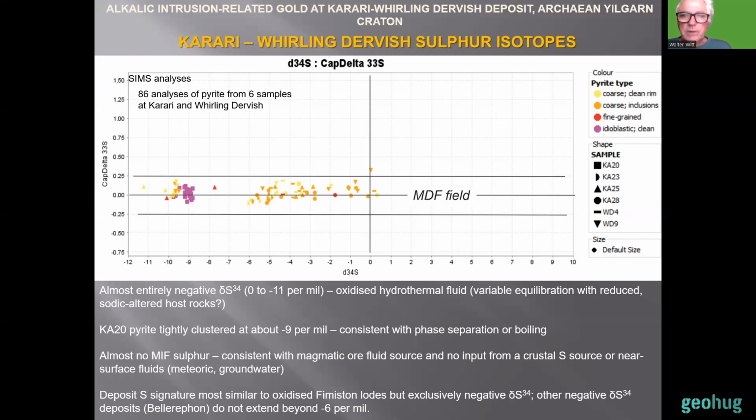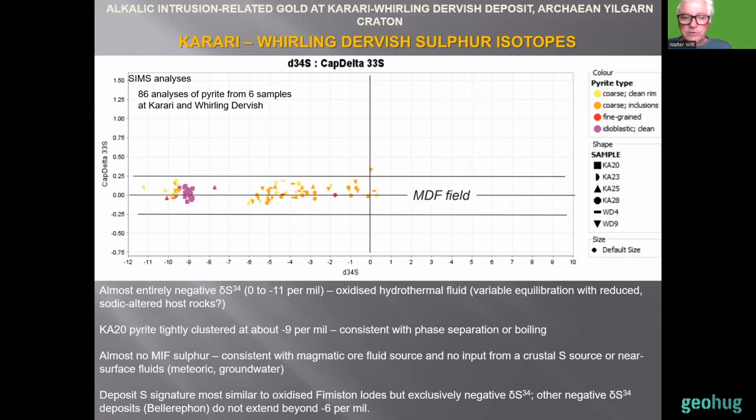But also indicates minimal input from crustal sources of sulfur or near surface fluids. There are other deposits in the eastern goldfields which have extensive negative delta S34 values.